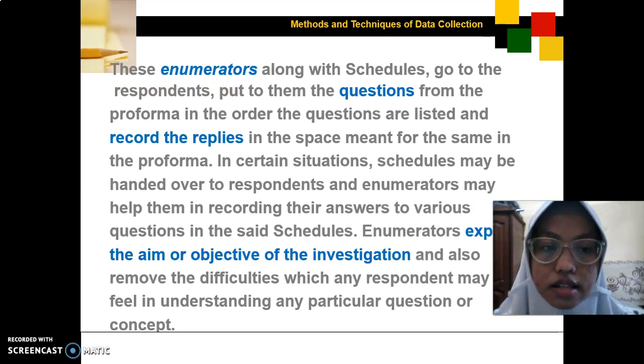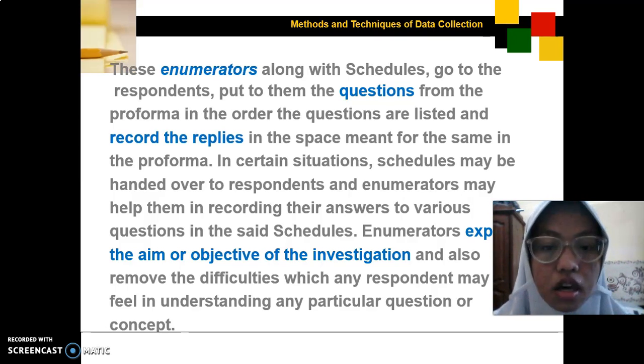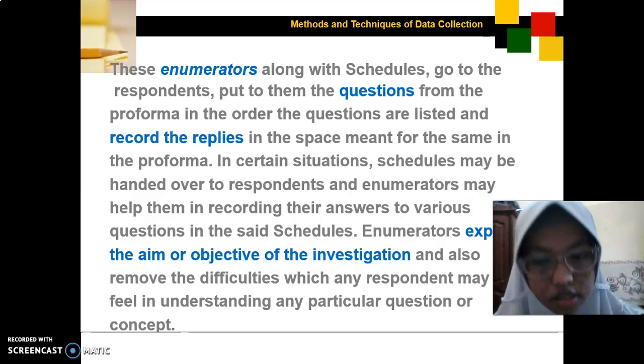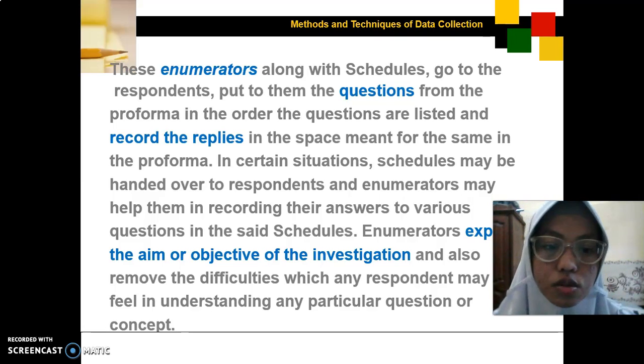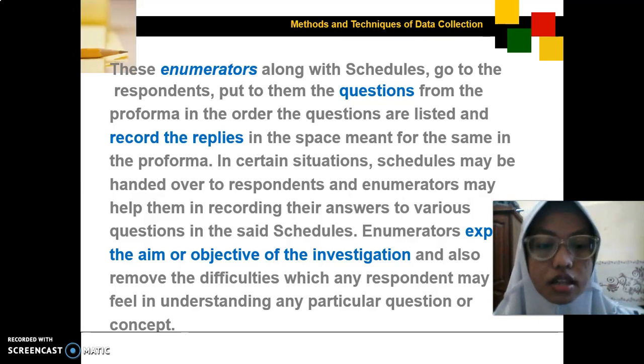These enumerators, along with schedules, go to the respondents, put to them the questions from the pro forma in the order the questions are listed, and record the replies in the space provided in the pro forma. In certain situations, schedules may be handed over to respondents, and enumerators may help them in recording their answers to the various questions in the schedules.